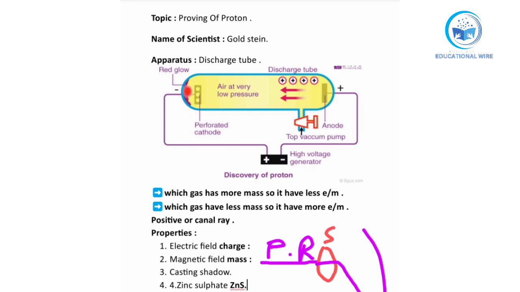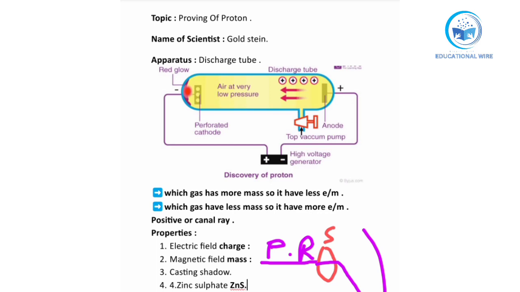Now there's one question: in cathode rays we are doing the same thing. How do we know whether it is the mass of the cathode rays or of the positive ray? Notice one thing.